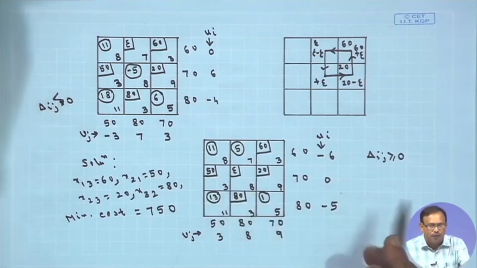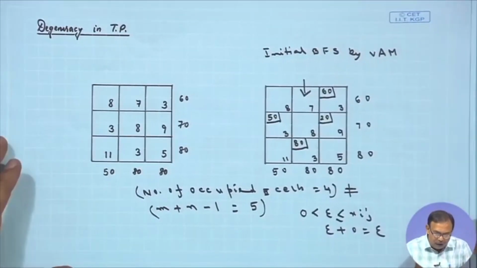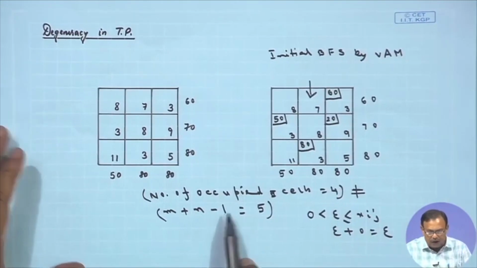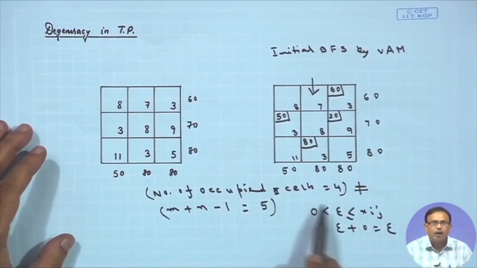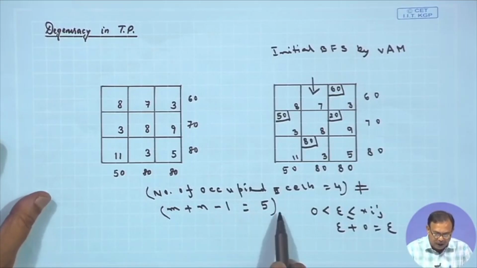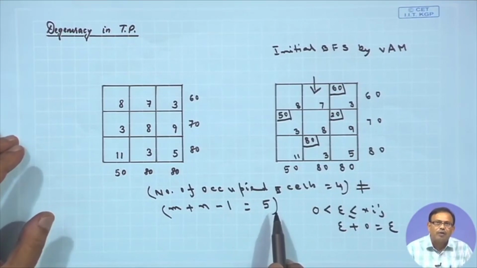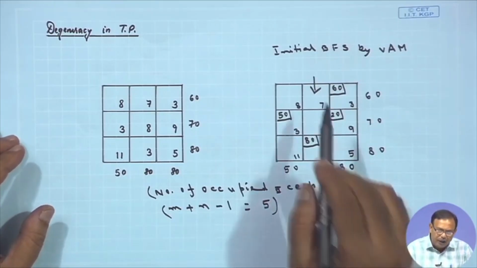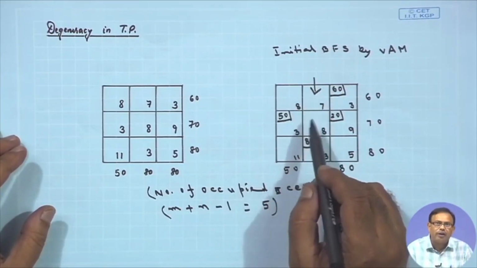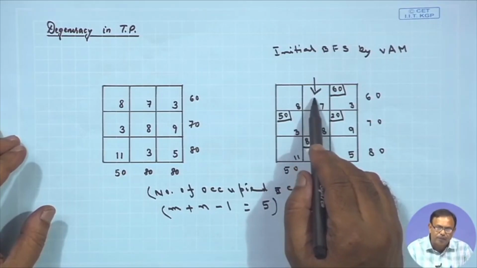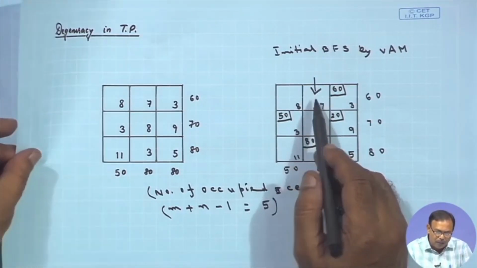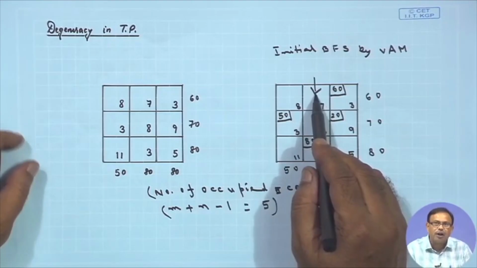Minimum cost you also know how to calculate. So, just for repetition, whenever you have a situation where the number of occupied cells is not equal to m plus n minus 1, in that case degeneracy occurs. Whenever degeneracy occurs, in any of the unoccupied cells you have to assign a very small quantity epsilon, like I have chosen here the cell 1 2.